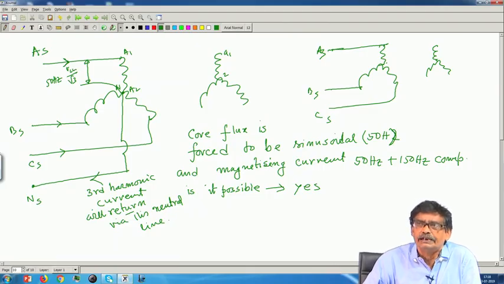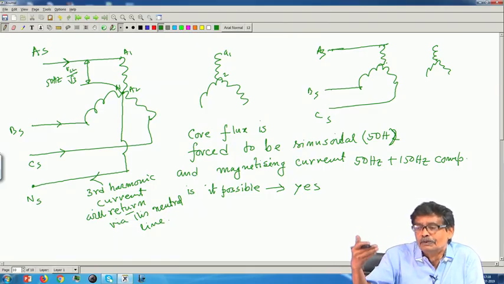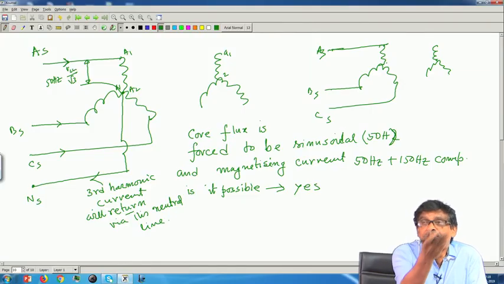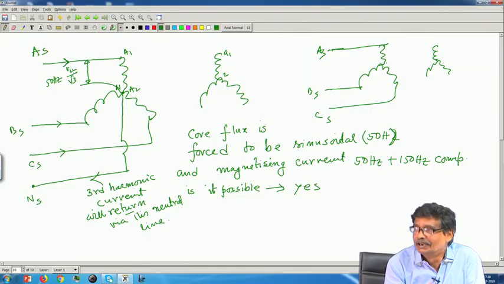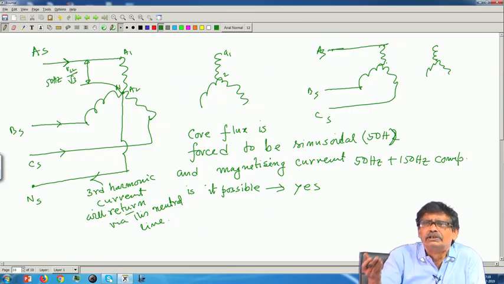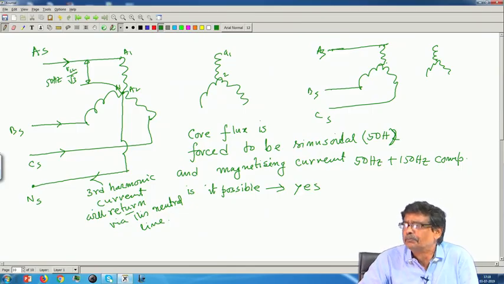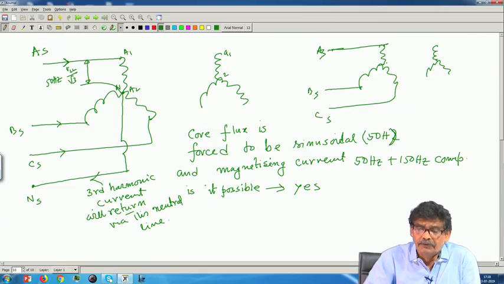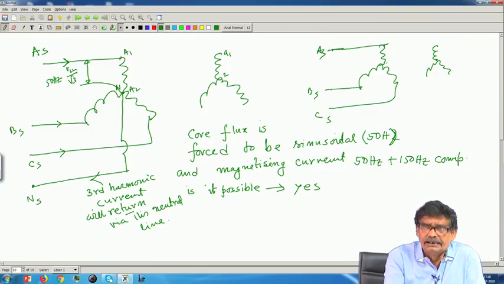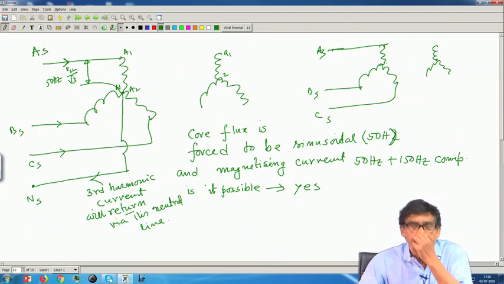Earlier we used to say transmission lines used to go via the telephone lines also, in earlier days telephone lines were there. So, they can interfere with communication lines, 150 hertz being a slightly higher frequency. Therefore, that way it is slightly disturbing, but otherwise things will work, everything will be fine.